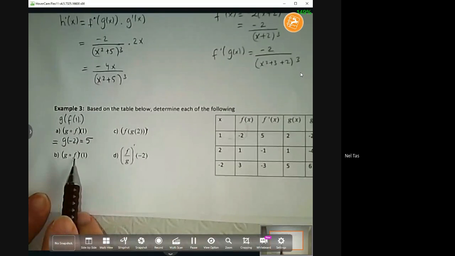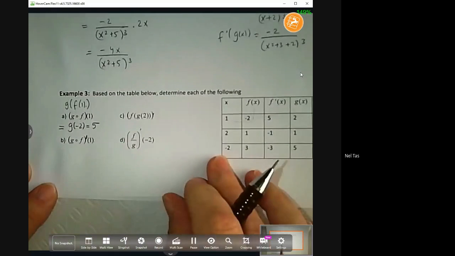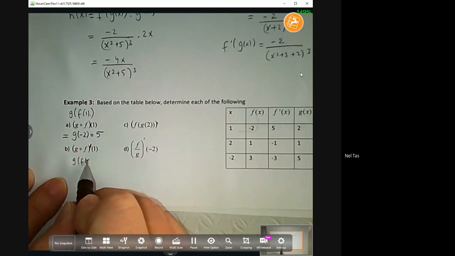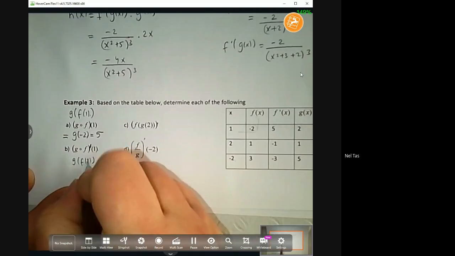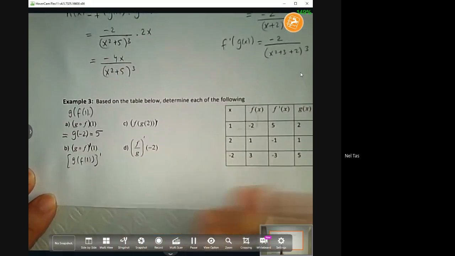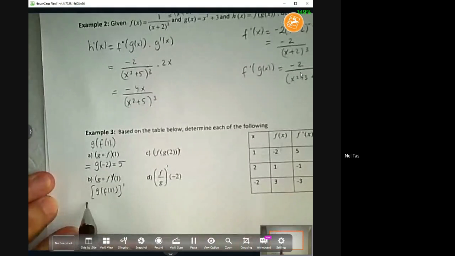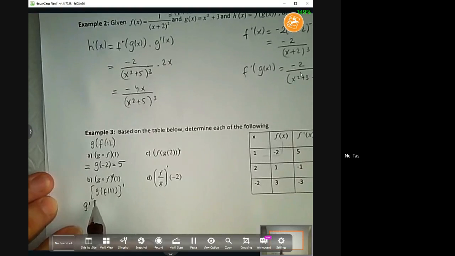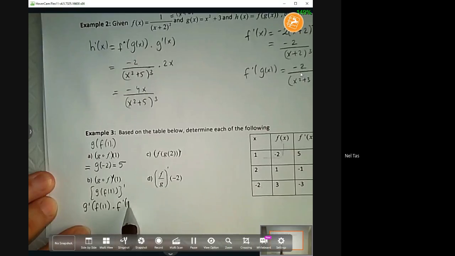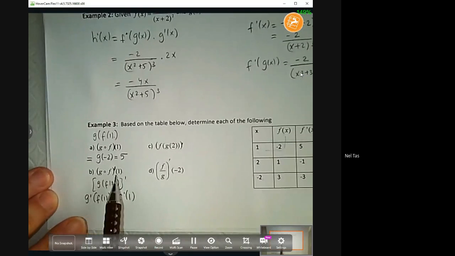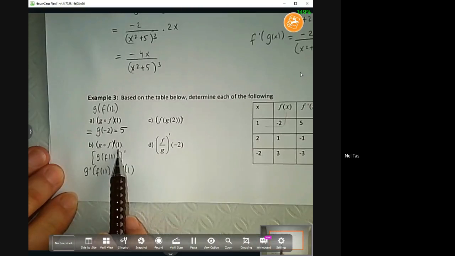B, g of f prime of 1. Okay, so there's a prime there. So you need g of f of 1 prime. So we are going to apply this now. Okay, so you take the derivative of outside function, evaluate it with the inside function, times you multiply this by the derivative of the inside function. So instead of having x there as a variable, we calculate this for a certain value of x, which is 1.